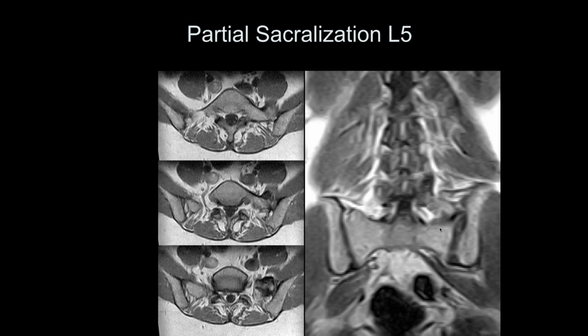So if this is at the 5-1 level, then typically you'll get abnormal strains on the 4-5 disc, and you'll get premature early degenerative disc disease. And we'll talk about a syndrome associated with this later in this lecture, which I think is one of the most commonly missed, important diagnoses in the lumbar spine that I've seen over the years in practice.